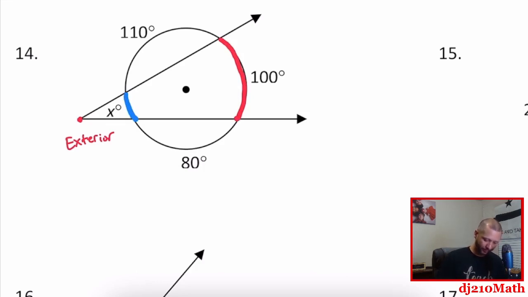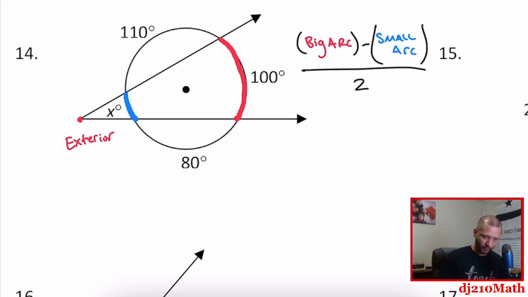So it's always going to be the big arc minus the smaller arc, divided by 2. That equals the exterior angle, in this case x. So big arc minus the small arc divided by 2. That's what we've got to commit to memory. Big arc minus the small arc divided by 2.